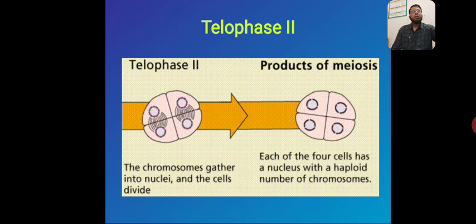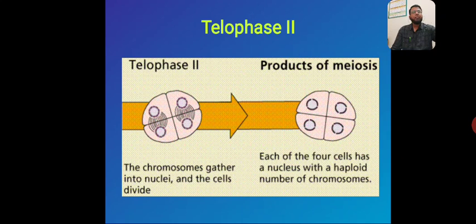Then the last stage is called telophase second, in which cytokinesis reaches completion, creating 4 haploid daughter cells. The nuclear membrane reappears and surrounds the group of chromosomes. Spindle fibers disappear completely. The nucleolus reappears, with formation of gametes or sex cells.